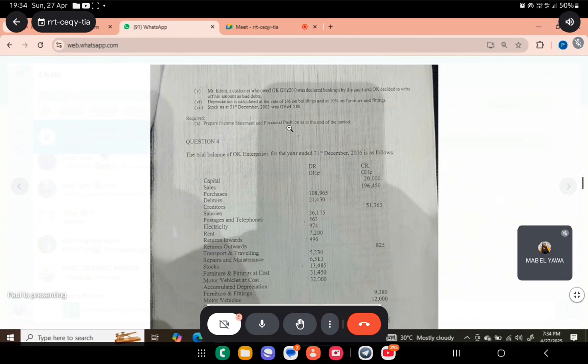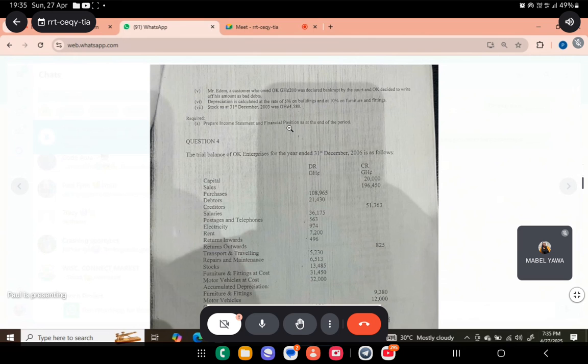But if the question is silent on which method you should use, please use the straight line method. Now, the question can say use the straight line method or use the reducing balance method, and that is it not being silent. Another way of saying use the straight line method is that it should be calculated on the cost. And another way of saying use the reducing balance method is that it should be calculated on the net book value. Do you understand?